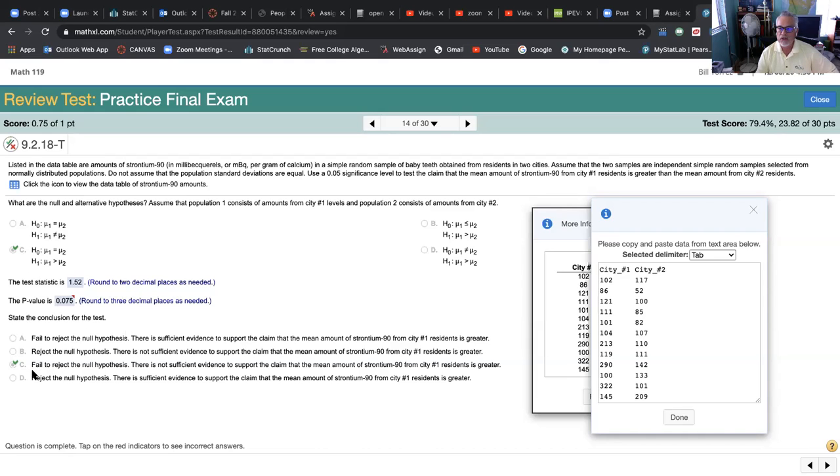And so C is our correct conclusion here. We fail to reject the null. And so the data doesn't provide sufficient evidence to support the claim that the amount of strontium 90 from city number 1 residents is greater. The null up here is not rejected, so we can't conclude that mu1 is greater than mu2.